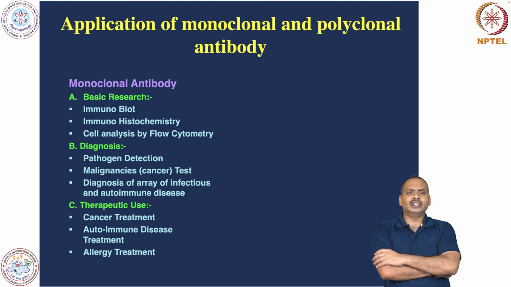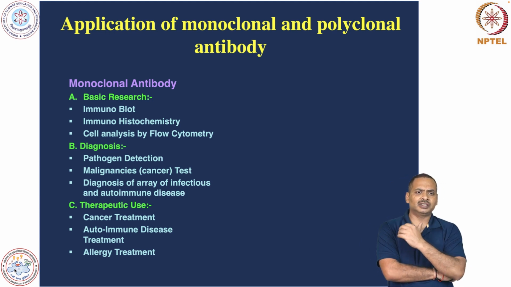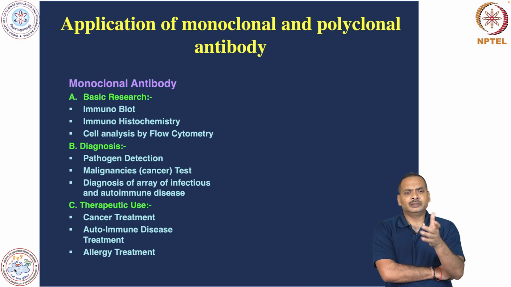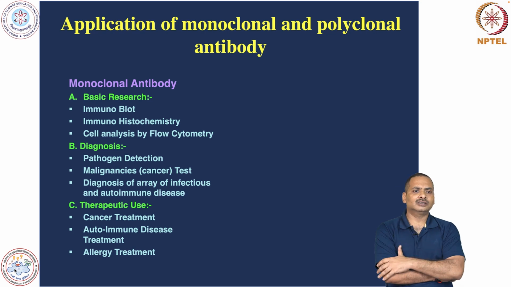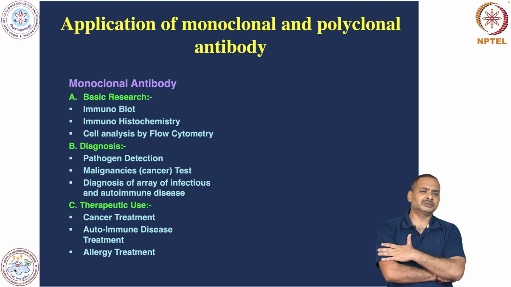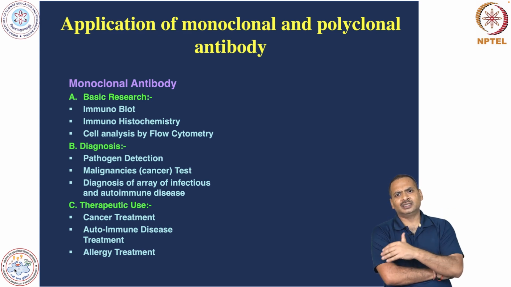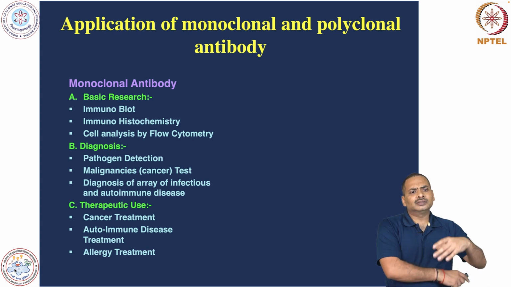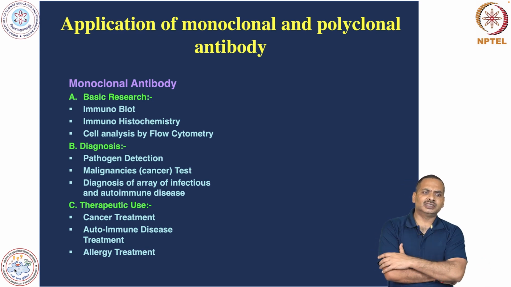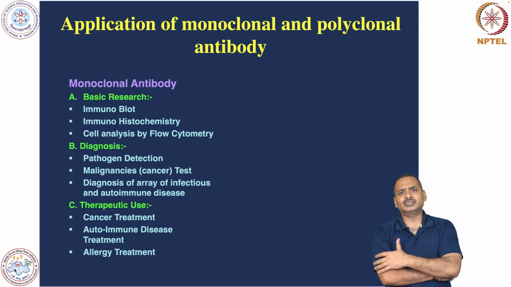So here monoclonal antibody is basically used in basic research, diagnosis, and therapeutics. In basic research we basically use it for immunoblot, ELISA, immunohistochemistry, flow cytometry. You do the cell analysis using this monoclonal antibody. It is widely used in diagnosis like pathogen detection, malignancy, diagnosis of an array of infectious and autoimmune factors.